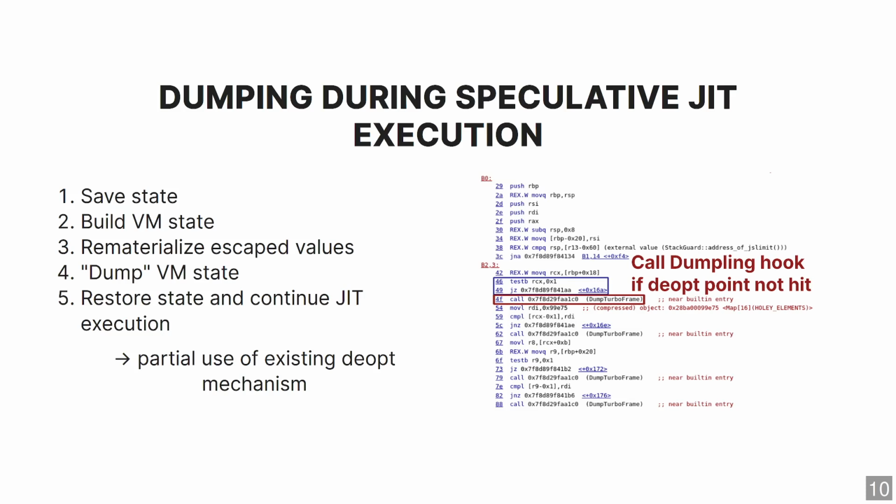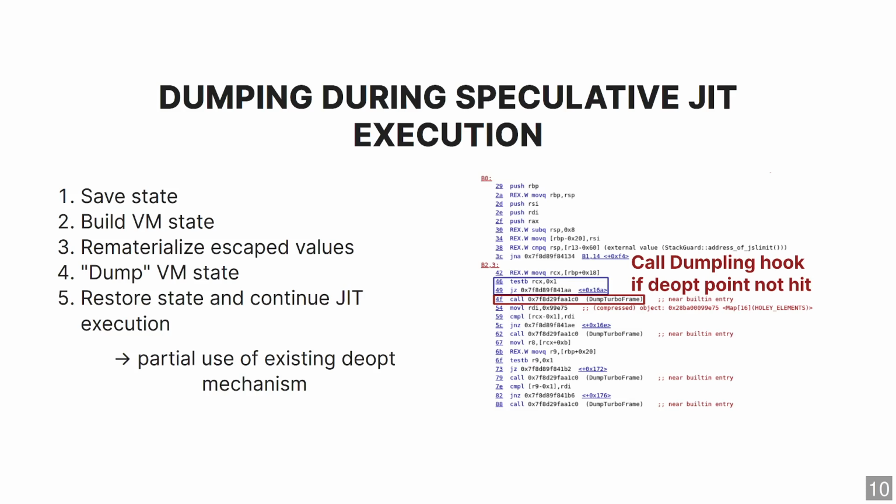In our Dumpling hook, we save the machine state, so push all the registers and things, and then we do what the de-optimization would have done, basically in the blue case, up to a point, which means we first build the VM state, which rematerializes escaped values, and then we dump the state, hence the Dumpling.